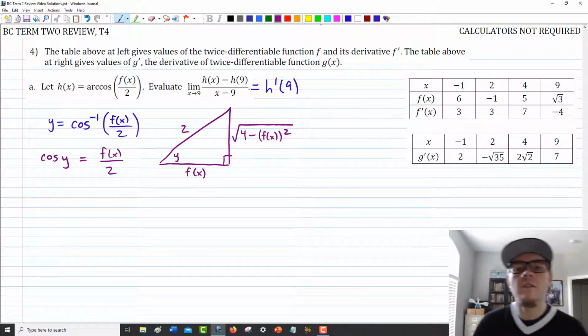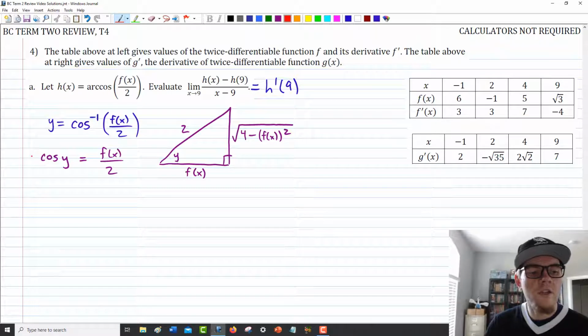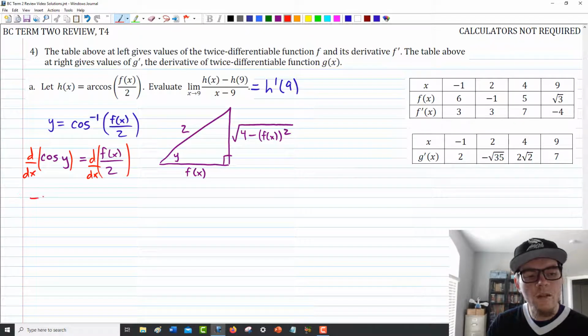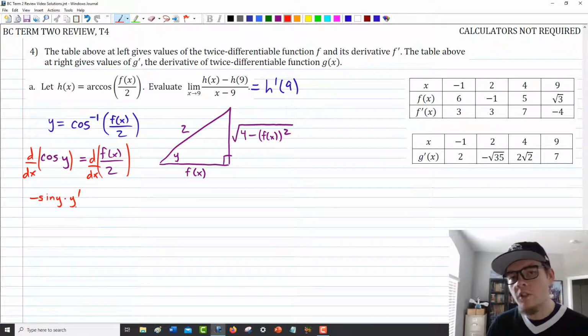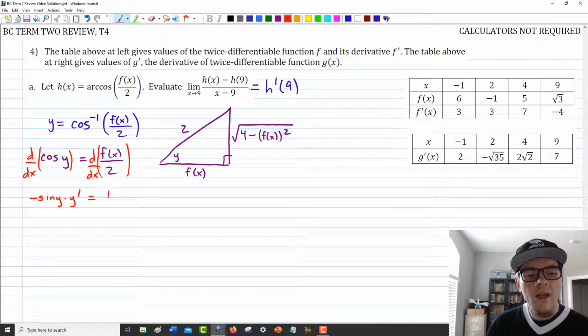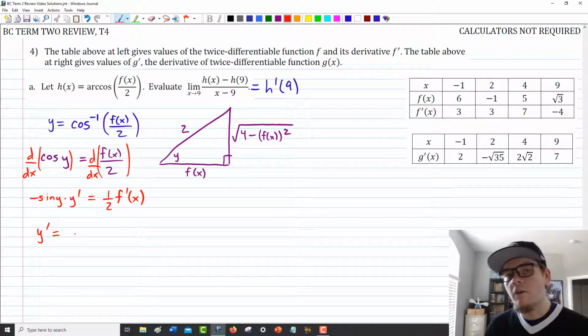That's helpful, but it doesn't necessarily solve the problem for us because our job here is to get a derivative. We're just going to need that a little later. So I'm going to differentiate both sides with respect to x. On the left, I'll get negative sine of y times y prime, or dy dx. On the right side, I'll get 1/2 f prime of x. Solving for y prime, I'm going to multiply both sides by 1 over negative sine.